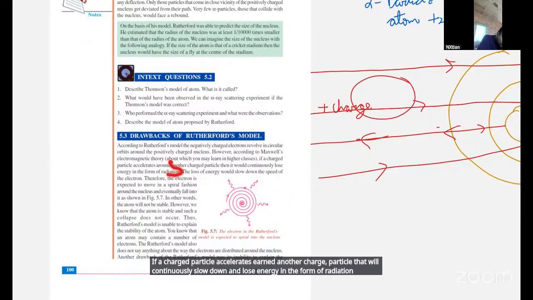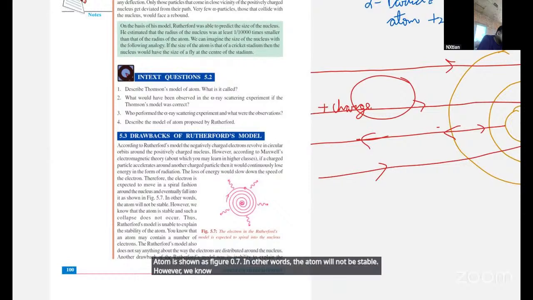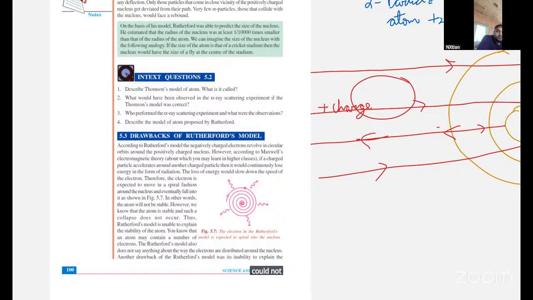The loss of energy will slow down the speed of the electron. Therefore, the electron is expected to move in a spiral fashion around the nucleus and eventually fall into the atom, as shown in figure 0.7. In other words, the atom will not be stable. However, we know that the atom is stable and such a collapse could not occur. Thus, Rutherford's model is unable to explain the stability of an atom.